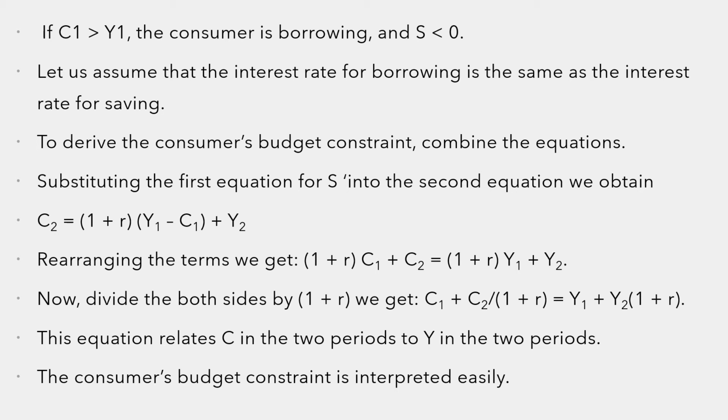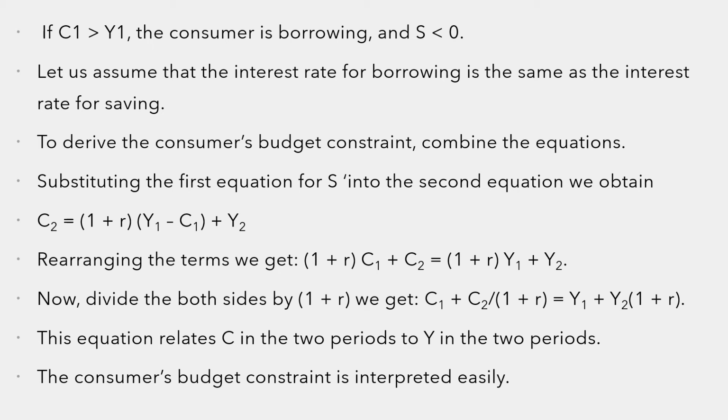To derive the consumer's budget constraint, just combine the equations. Substitute the first equation for S into the second equation. If you do that, you will get C2 is equal to (1 plus R) times (Y1 minus C1) plus Y2. By rearranging the terms, you will get (1 plus R) C1 plus C2 is equal to (1 plus R) Y1 plus Y2.